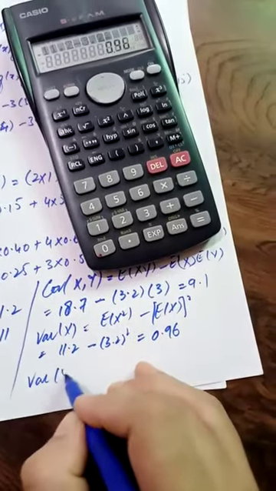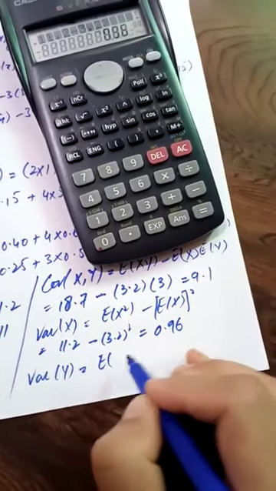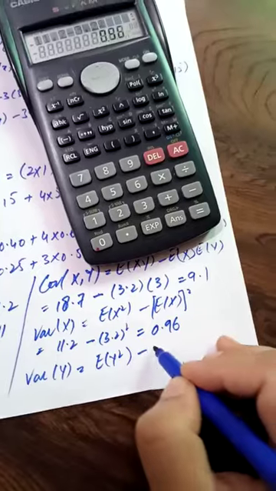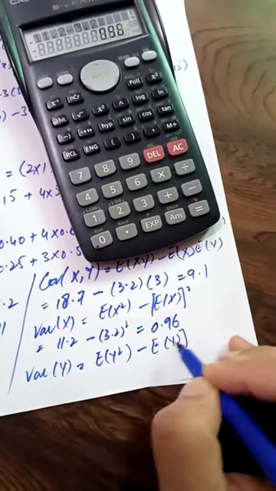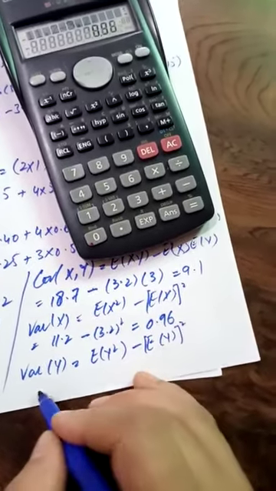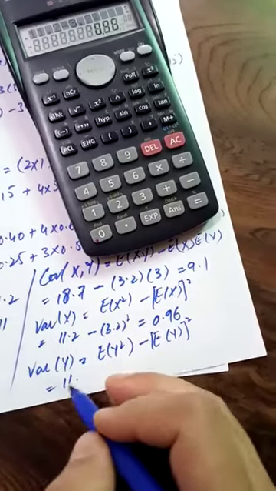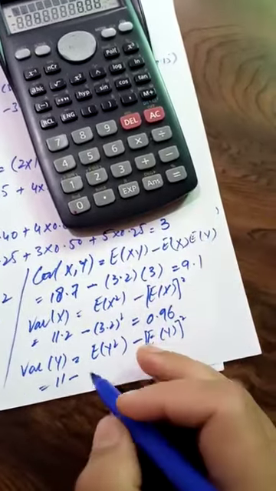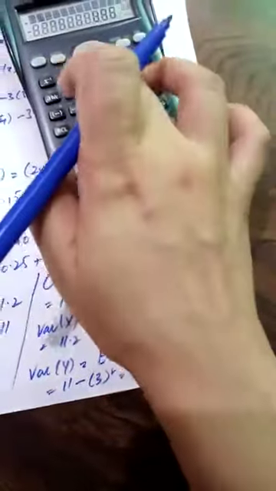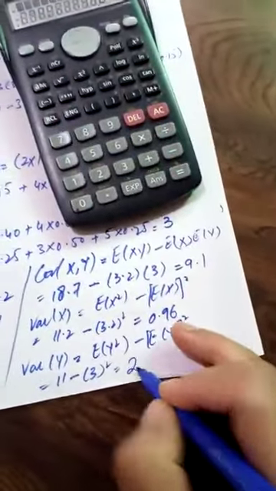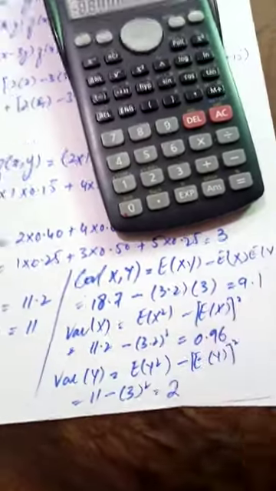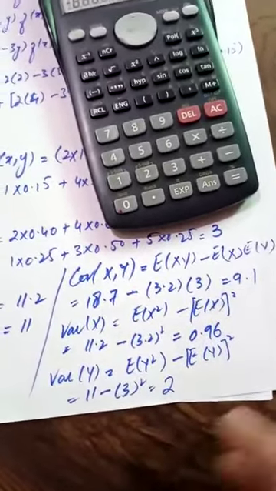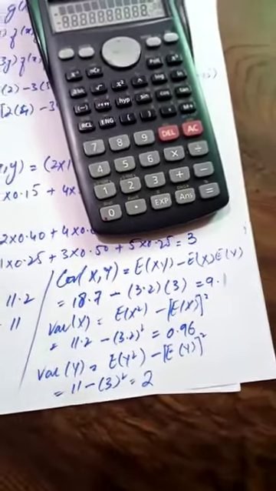Similarly, variance of y is equal to expected value of y square minus expected value of y whole square. So it's 11 minus 3 square. 11 minus 3 square is 2. So these are the covariance and variances of x and y.